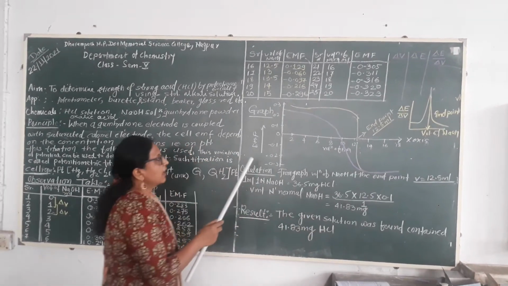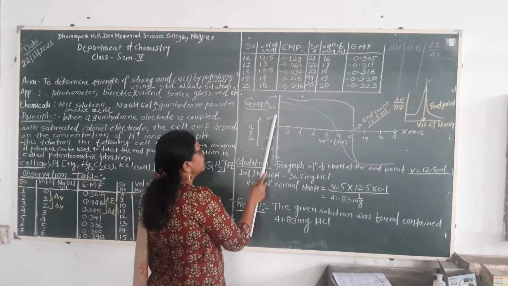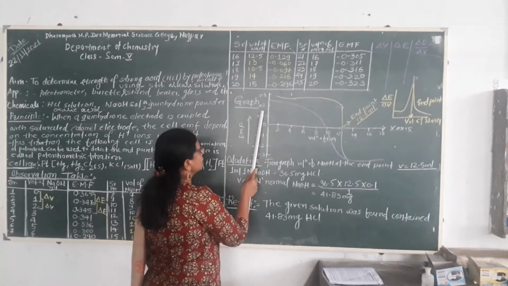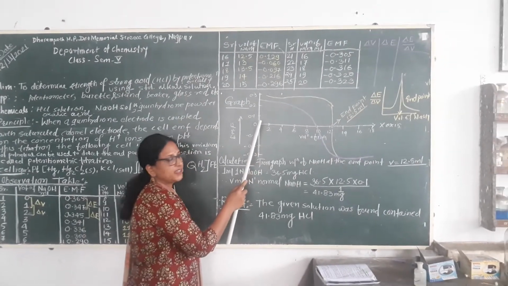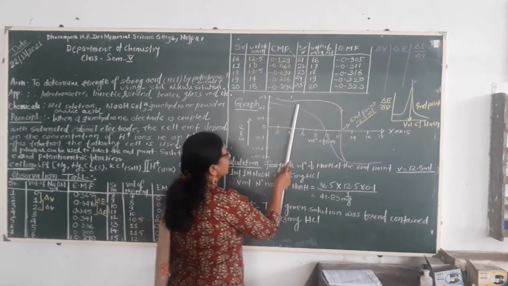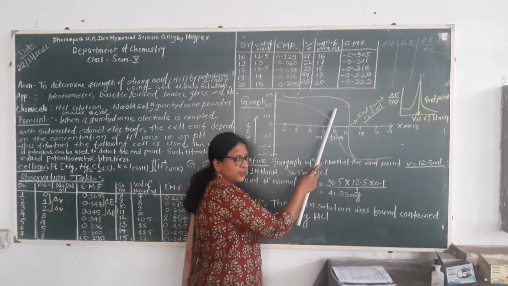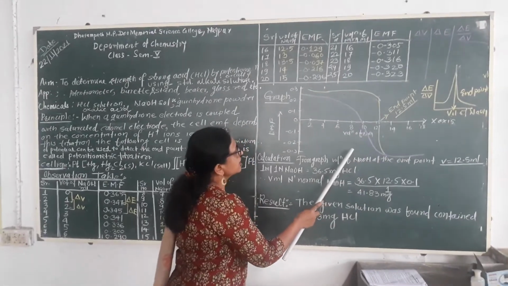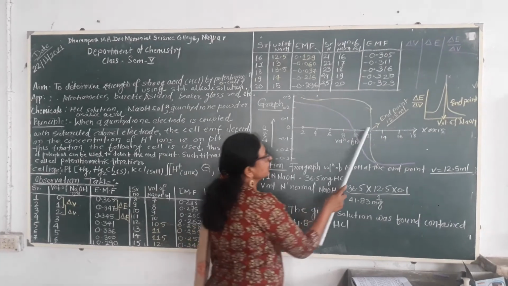The nature of the graph, from the observation: initially, when we are adding NaOH solution, we observe a very small decrease in EMF. Slowly EMF goes on decreasing, and there is a faster decrease in EMF when the end point comes near.